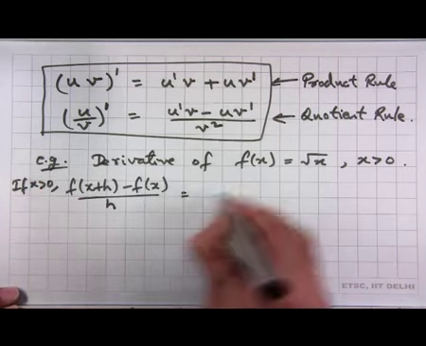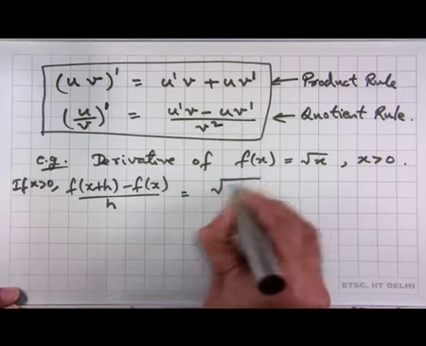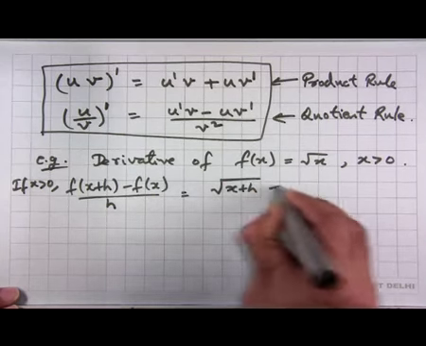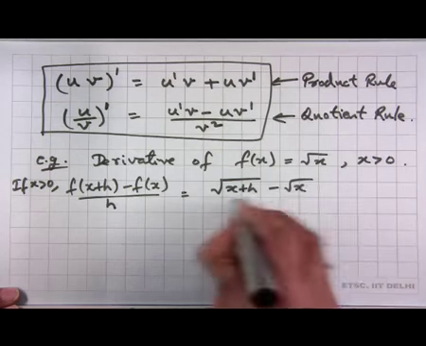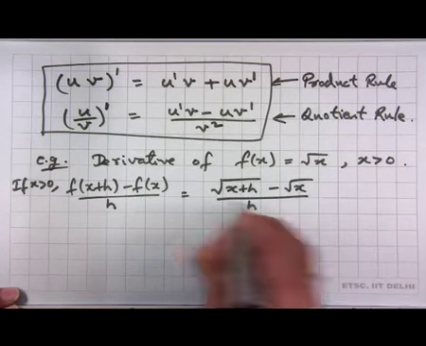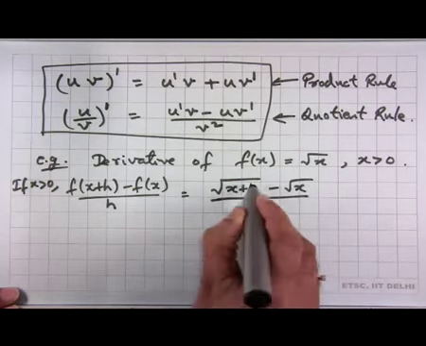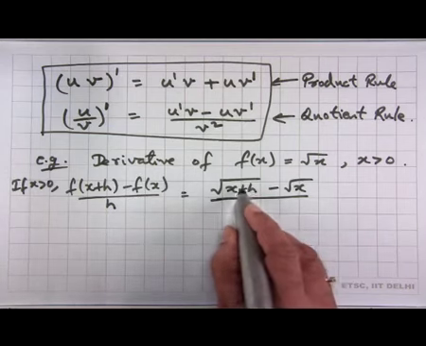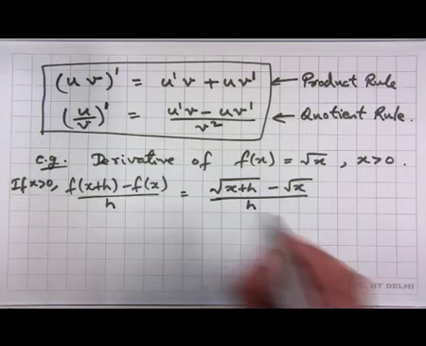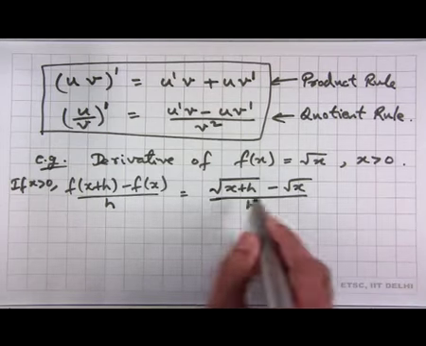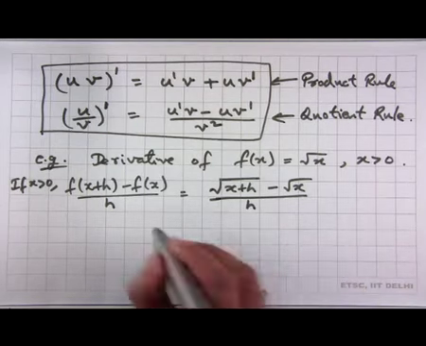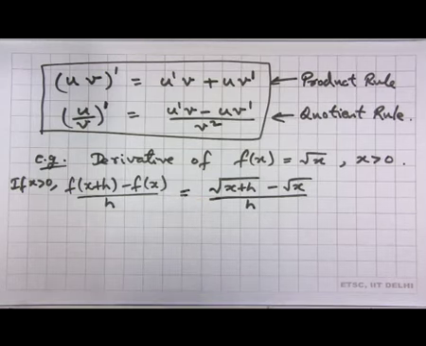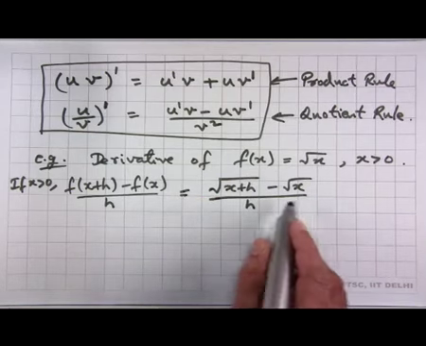This we can write as square root of x plus h minus square root of x divided by h. And if x is positive, then for small h, x plus h is also positive. So, we can talk about this square root, and then we want to find the limit of this as h goes to 0. While calculating limits, we have calculated limits of this type.